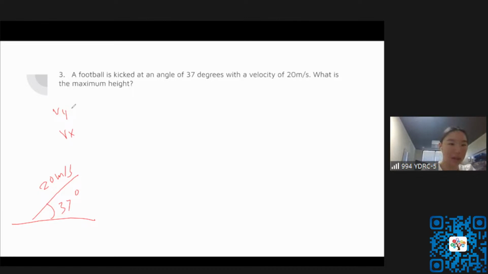So what does Vy equal to and what does Vx equal to? After calculating the vertical velocity, just use it to find the maximum height, and then it falls back down. Like that's the motion.